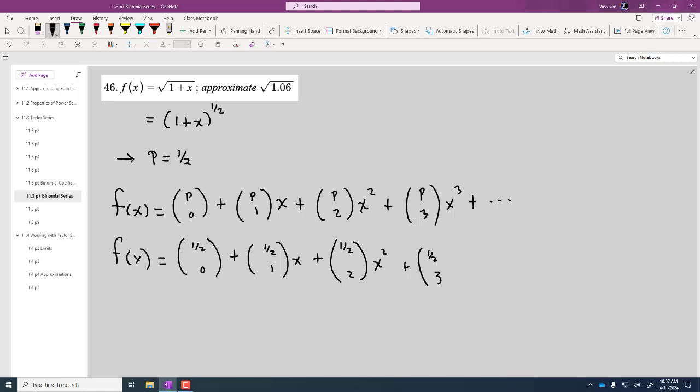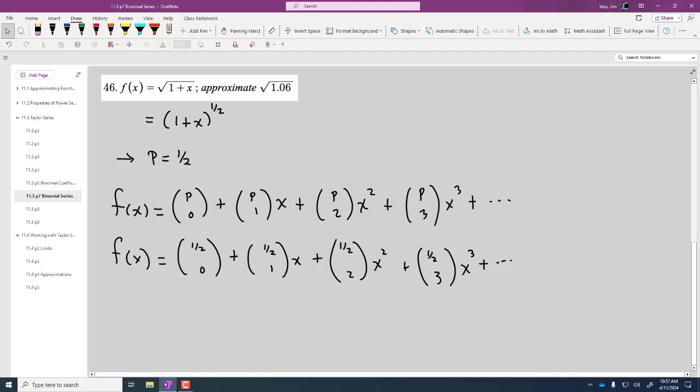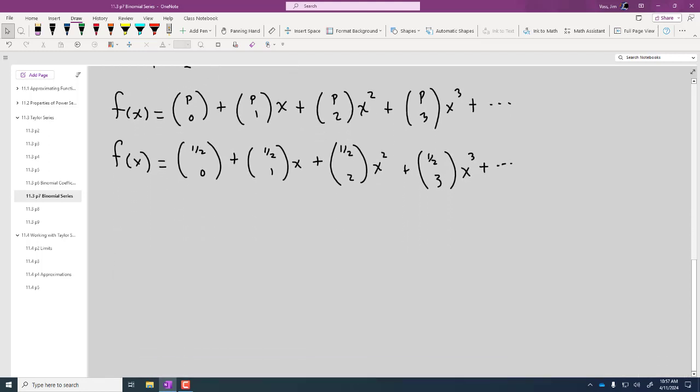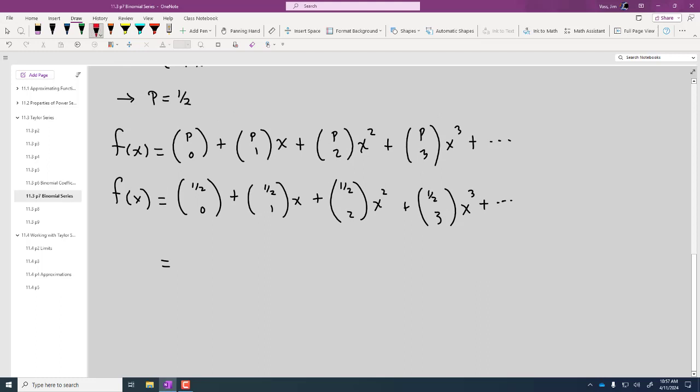We'll just go that far out, unless we want to go further. So 1/2 choose 0 is always 1. p choose 0 is always 1. This never changes. That's always 1, and this one is always going to be p.